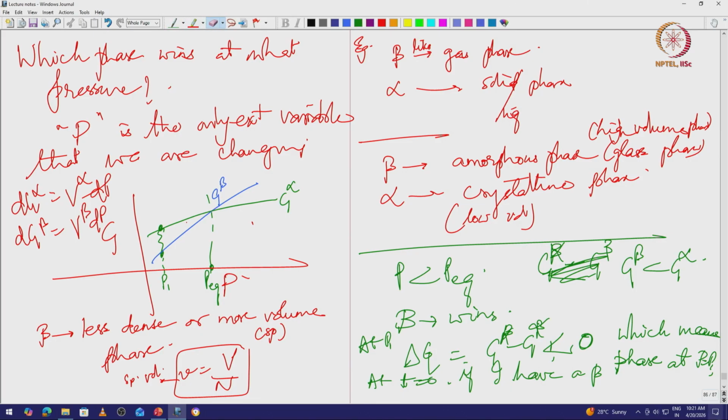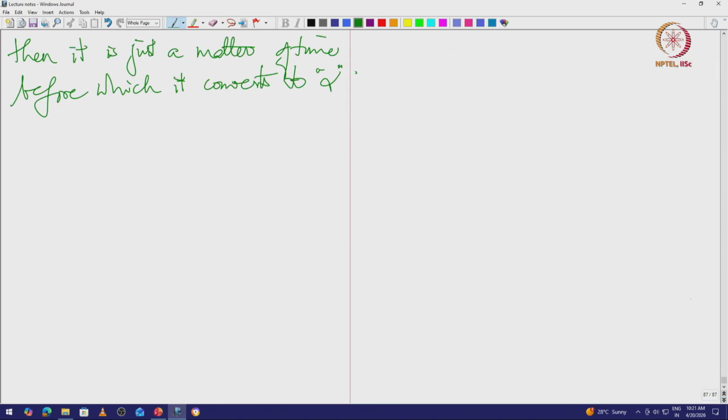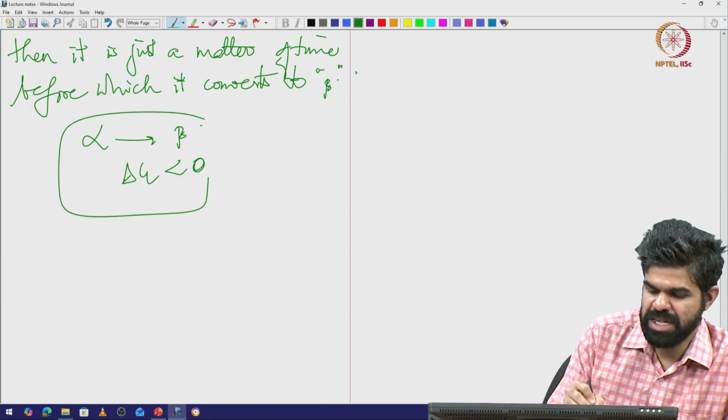So, if I have a solid phase at 0 pressure, eventually, it is just a matter of time that it degasses and becomes a beta phase, right. So, for the alpha to beta phase transition, delta G is negative, right, and this is important.